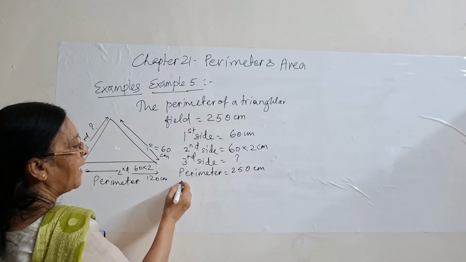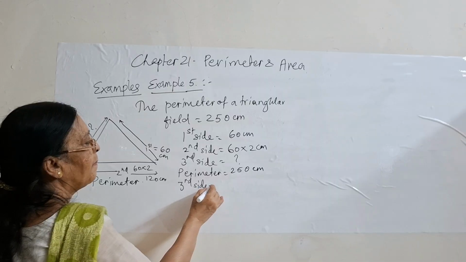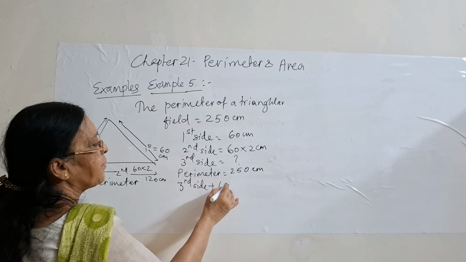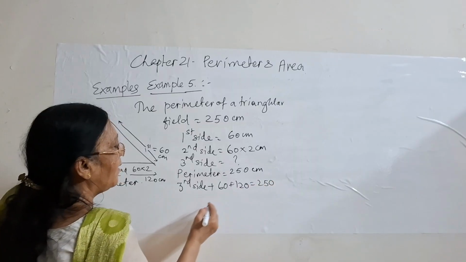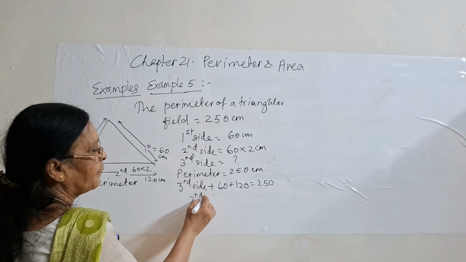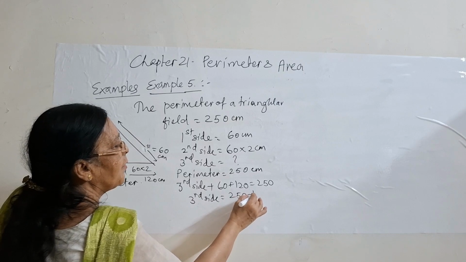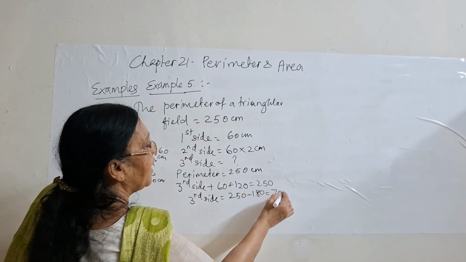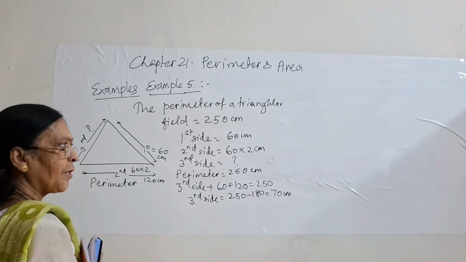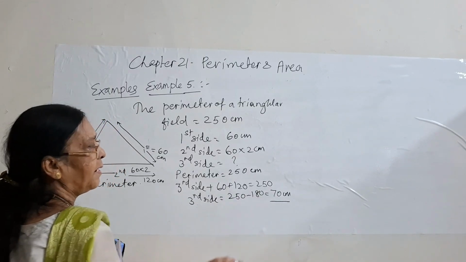We have to subtract to find the third side: third side plus 60 plus 120 equals 250. And therefore the third side is equal to 250 minus 180, which is equal to 70 centimeters. So the third side is 70 centimeters.